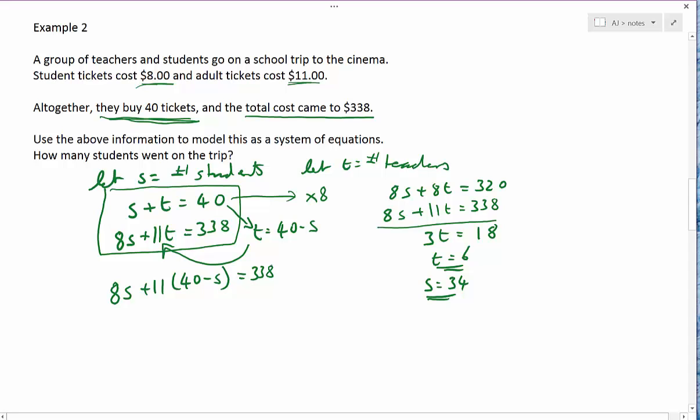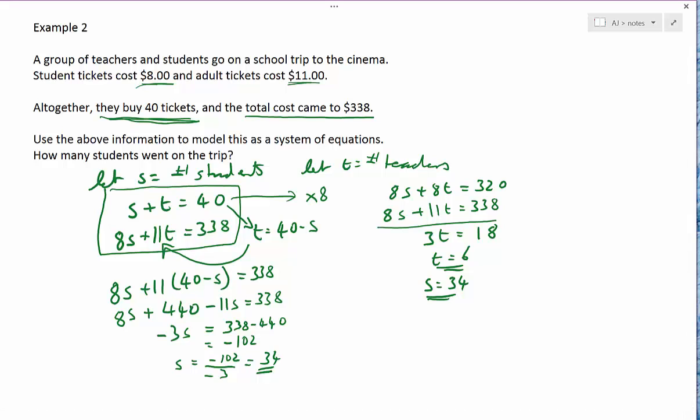So what we have here is 8S plus 440 minus 11S is 338. So minus 3S equals 338 minus 440, which is minus 102. So S is minus 102 divided by minus 3, which is 34. This is a little more algebraic, but it also gives the right answer. That is called the method of substitution, which is probably the most sensible one in this case.